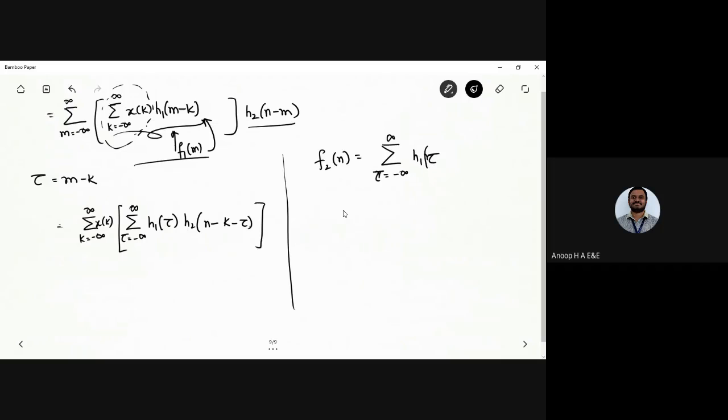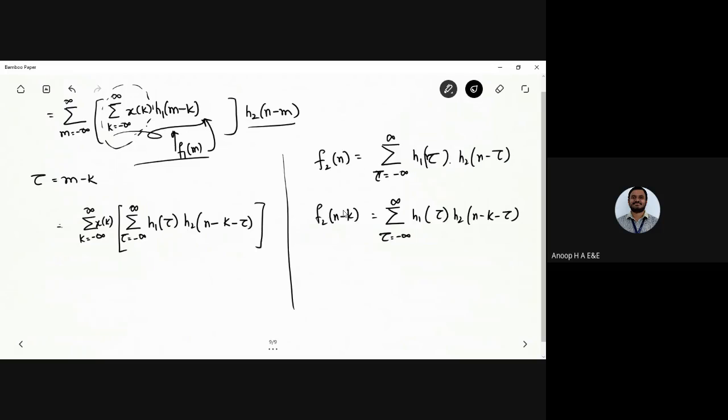This is tau. So h1 of tau, h2 of n minus tau, right? Next, f2 of n minus k, that is again sigma tau equal to minus infinity to plus infinity h1 of tau, h2 of n minus k minus tau.